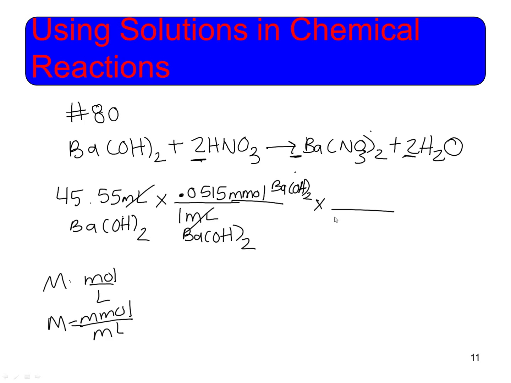So we have 1 millimole now of barium hydroxide, and then we have 2 millimoles of nitric acid. We're just using those same numbers here.